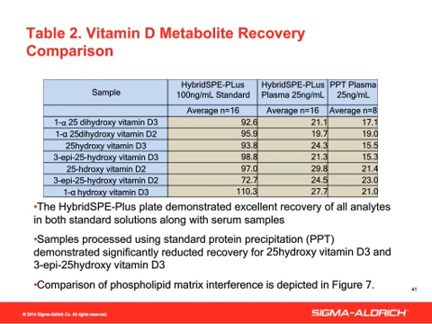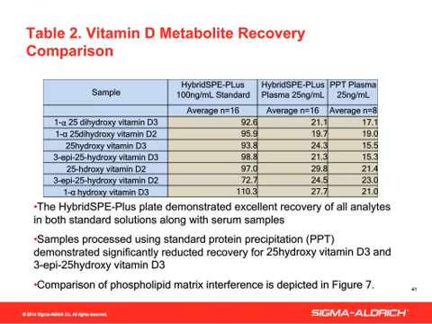If we move now to the middle column, we look at the recovery of the vitamin D metabolites through the hybrid plate out of plasma samples spiked at 25 nanograms. As you can see, we have excellent recovery for all the vitamin D metabolites through the hybrid plate. In comparison with the protein precipitation method, you can see there are cases, for the 25-hydroxy-D3 and the epimer, where we see significant reduction in response of those metabolites using just protein precipitation.